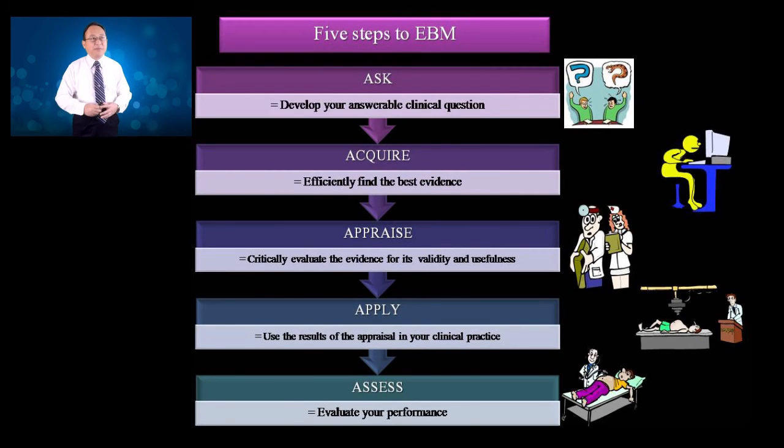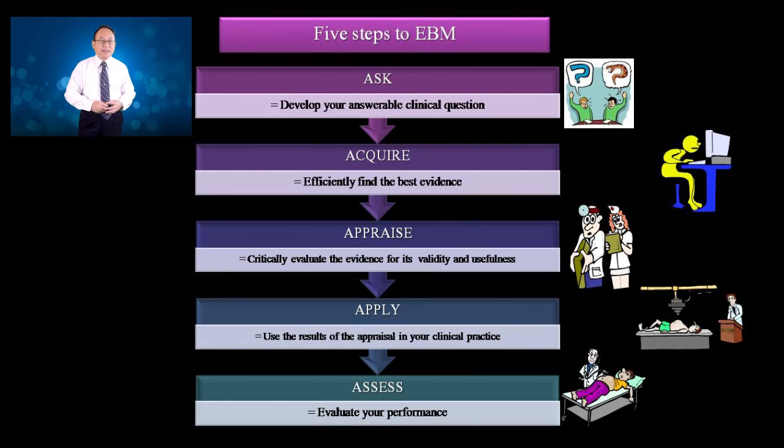These are the 5 steps of evidence-based medicine. First, you need to develop your answerable clinical questions, in which at any time you see the patients and then you develop your own clinical questions. And then you're not answering yourself, because you efficiently find the best evidence. So you acquire evidence, you search for evidence and find the evidence.